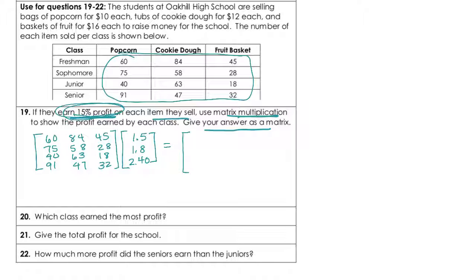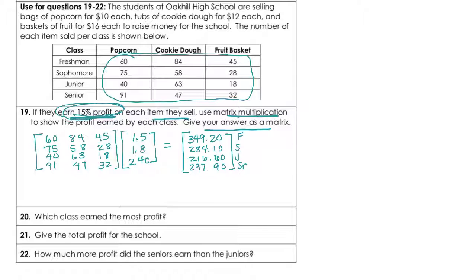So the first one is going to be 349.20. The next one, 284.10, 216.60, and then 297.90. And so there's our list, and keeping in mind that the order that we had is our freshmen, our sophomores, our juniors, and our seniors.